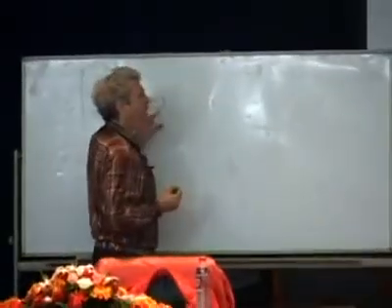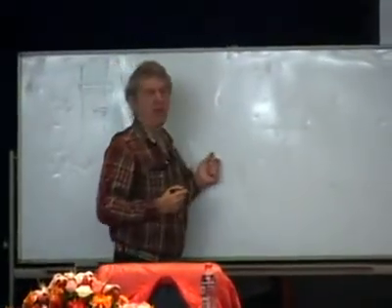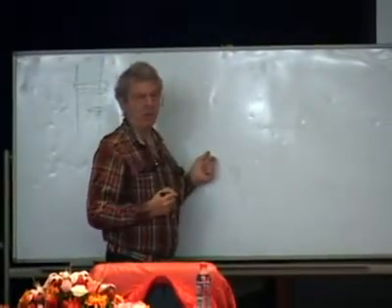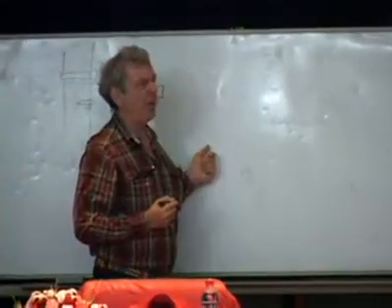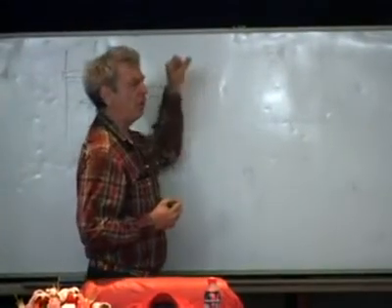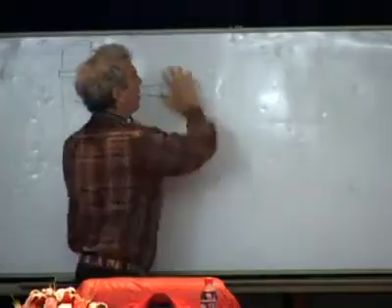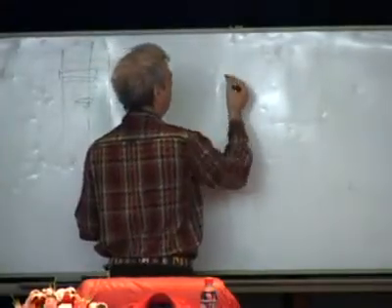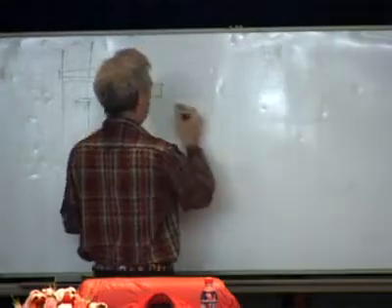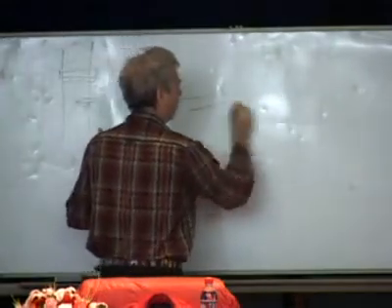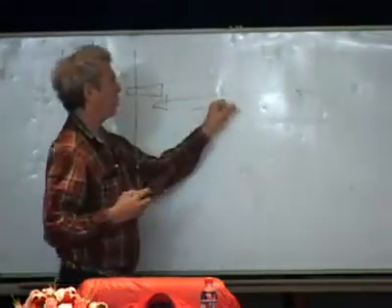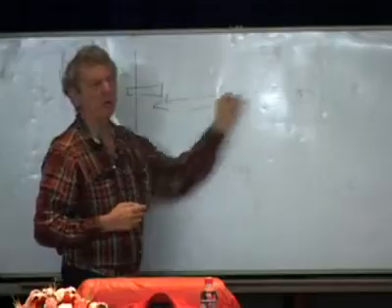Another requirement for a cross is that the figure has to be horizontal. Whereas the ground, the road, is typically horizontal, but it can be vertical. So let's say this is now a wall, and we've got a spear hanging on the wall. Well, we can now say that the spear is hanging across the wall.